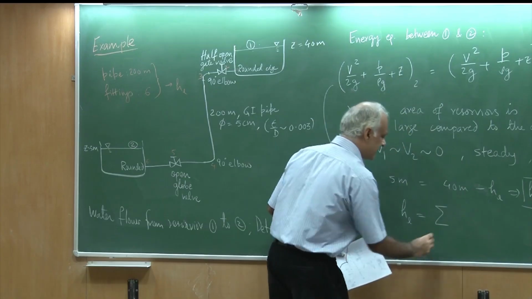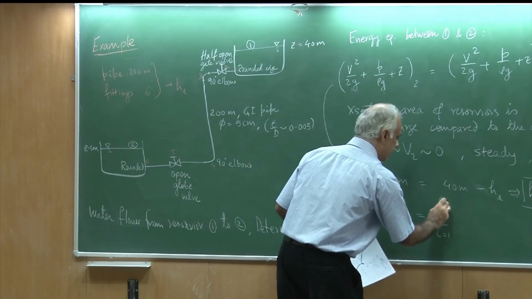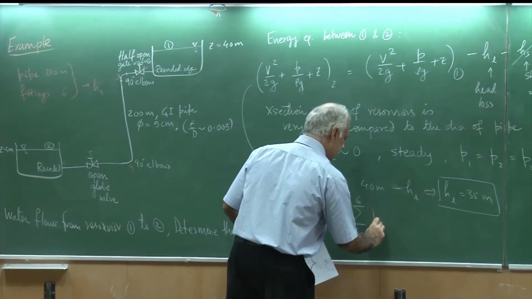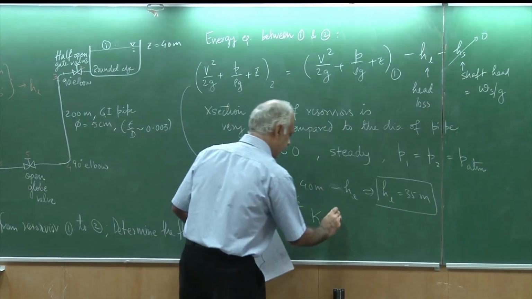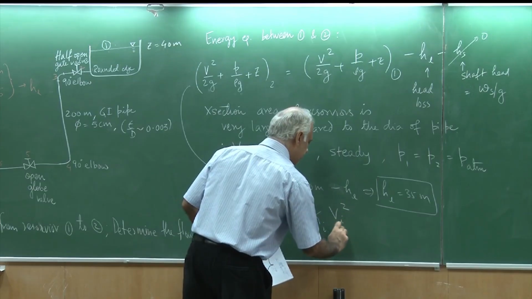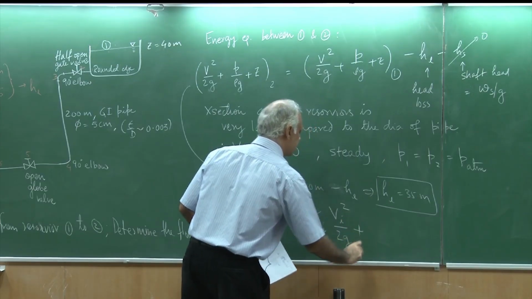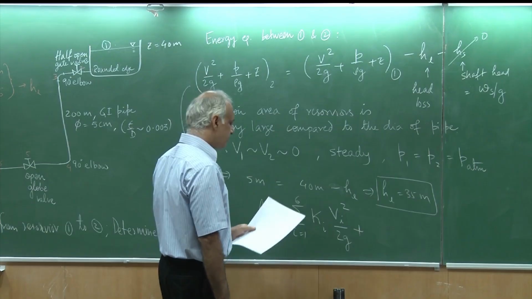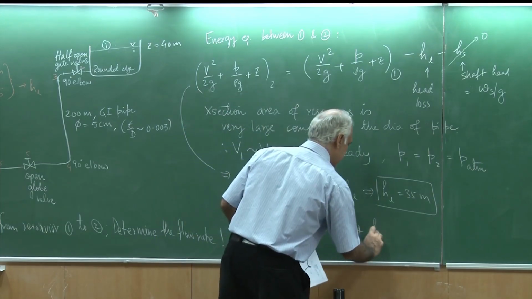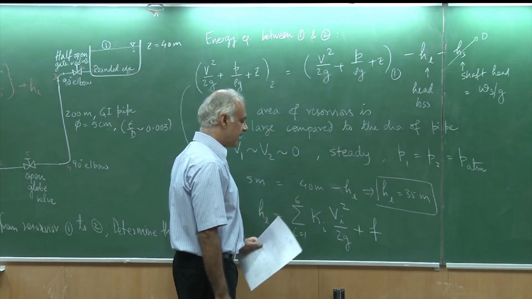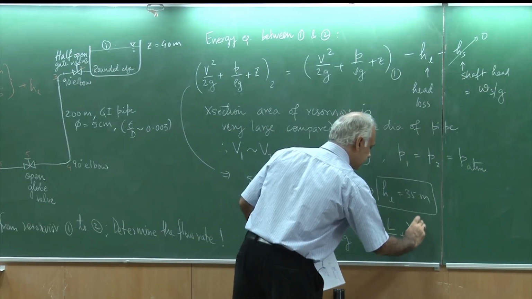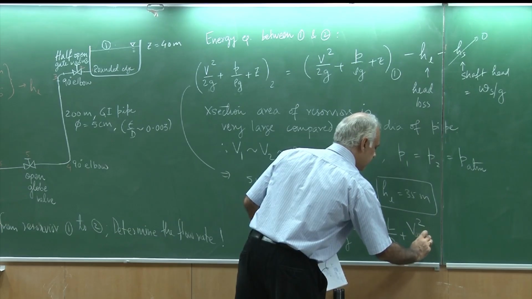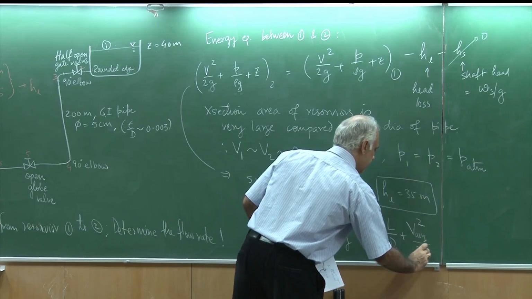So I will summarize it in this manner: going from 1 to 6, this is the loss factor Ki times Vi square by 2g, plus the loss because of the pipe, which is Darcy's friction factor inside the pipe times L by D times V square average by 2g.